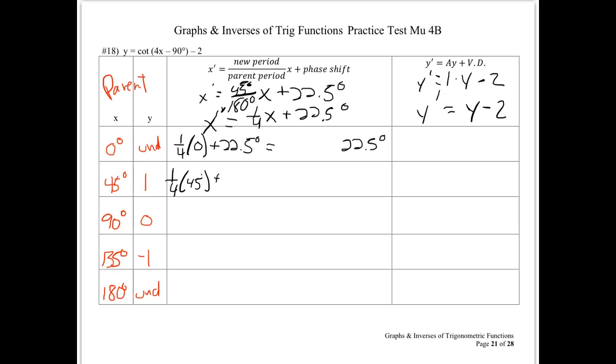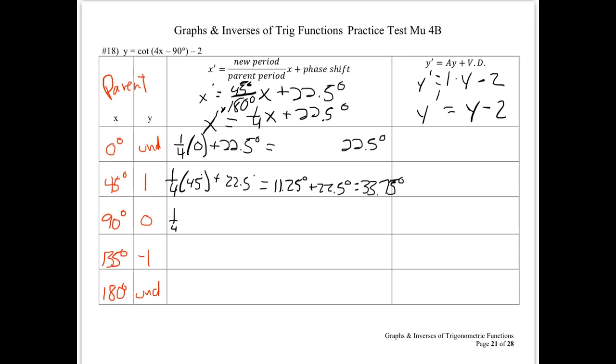That's half of 45, which is 22.5, and then half of that again, which would be 11.25. If you add that to 22.5 degrees, that would give us 33.75. Hopefully I'm adding right.